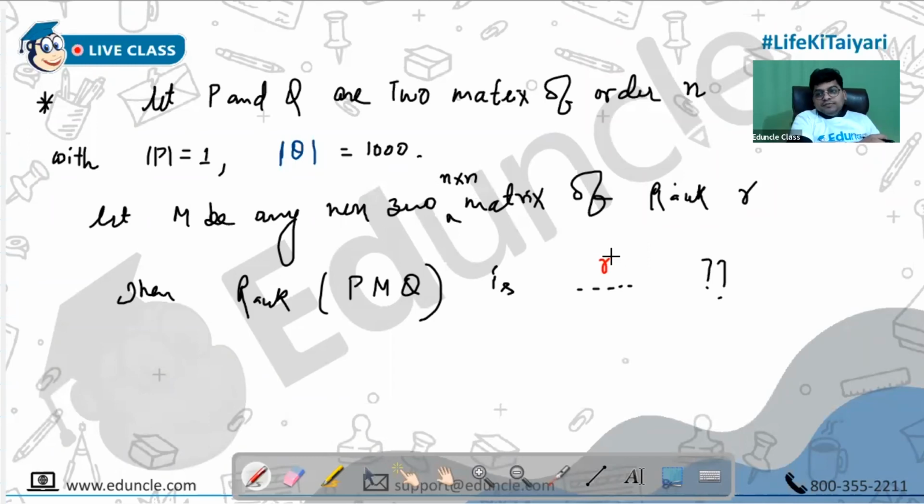But why answer is R? Minimum of n into R. Who told you?